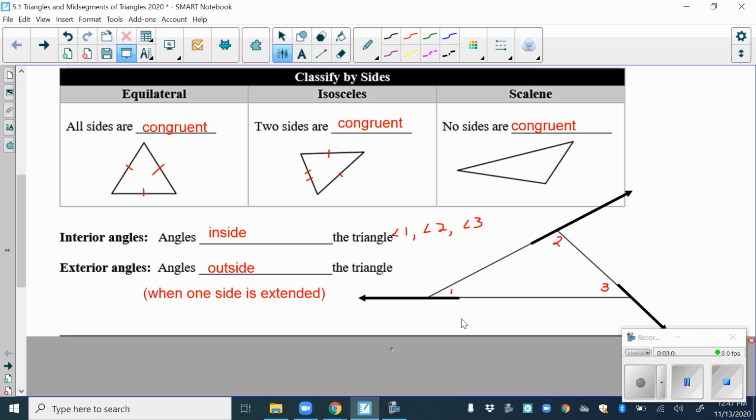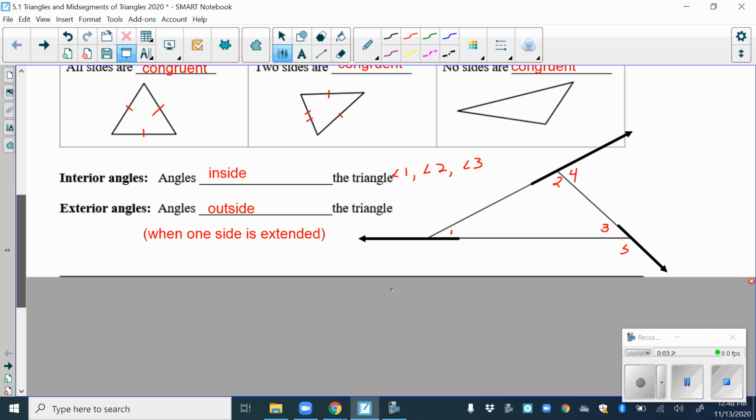The exterior angles are the angles outside the triangle if you extend a side. So I showed here where I took a side and made an arrow going out from each side. Well, an exterior angle then would be one on the outside right next to it. It forms a linear pair with an interior angle. So measure of angle 2 and angle 4 would add together to give you 180 degrees.